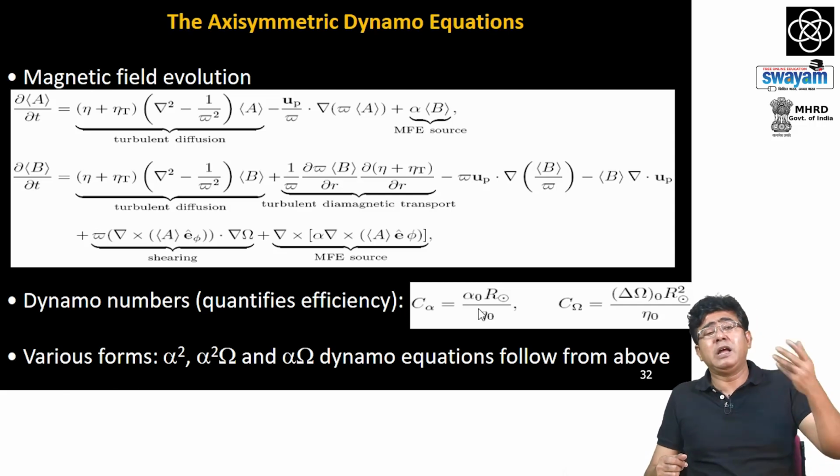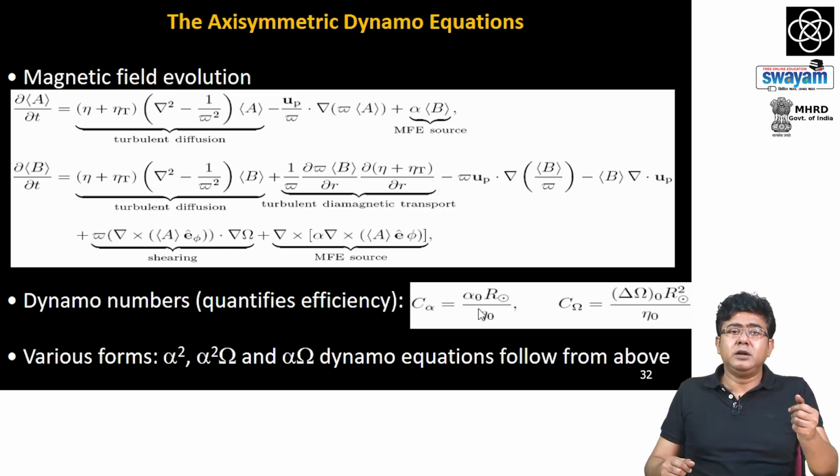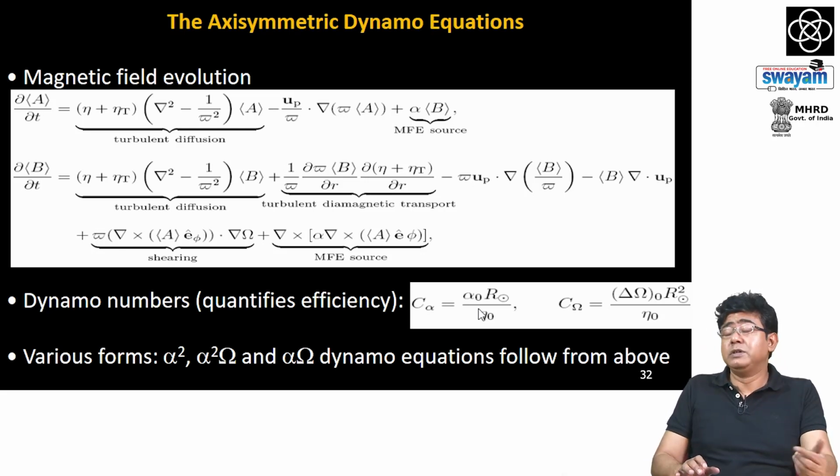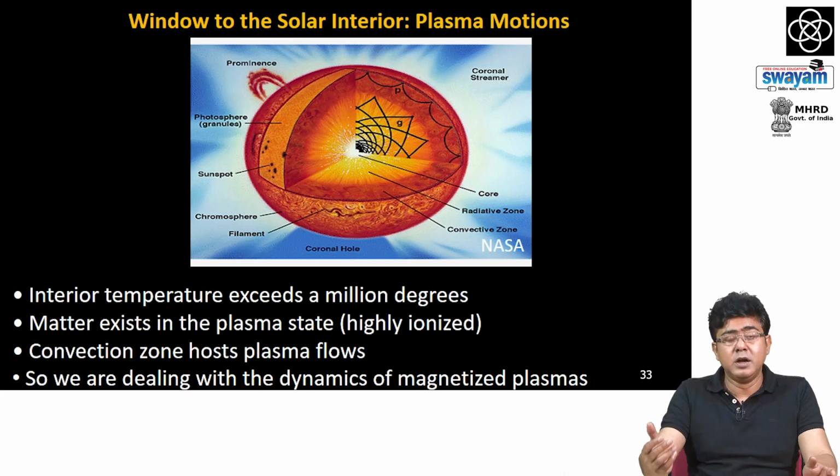For example, alpha square dynamos, alpha omega dynamos, and alpha square omega dynamos. In the Sun, where the differential rotation plays a reasonable role in contributing to dynamo action, we consider the dynamo to be an alpha omega type dynamo, for example, and we can solve these equations in a computer with proper boundary conditions, and figure out how the magnetic field generation behaves.